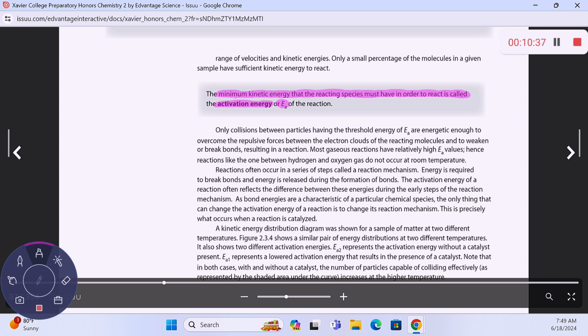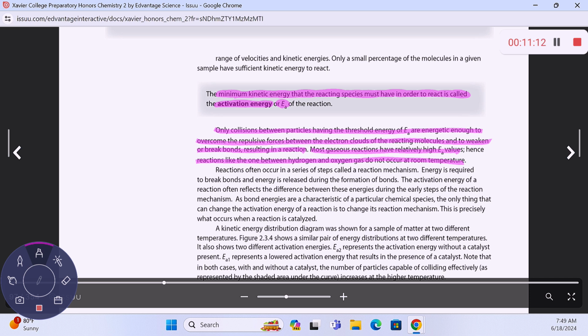So only collisions between reactants that have enough kinetic energy to attain the activation energy will actually be able to break bonds between themselves and then form bonds in products and result in a chemical reaction. Anytime you're dealing with gases, gases usually have high activation energies. So a lot of those reactions actually don't happen at room temperature. They happen at much higher temperatures.